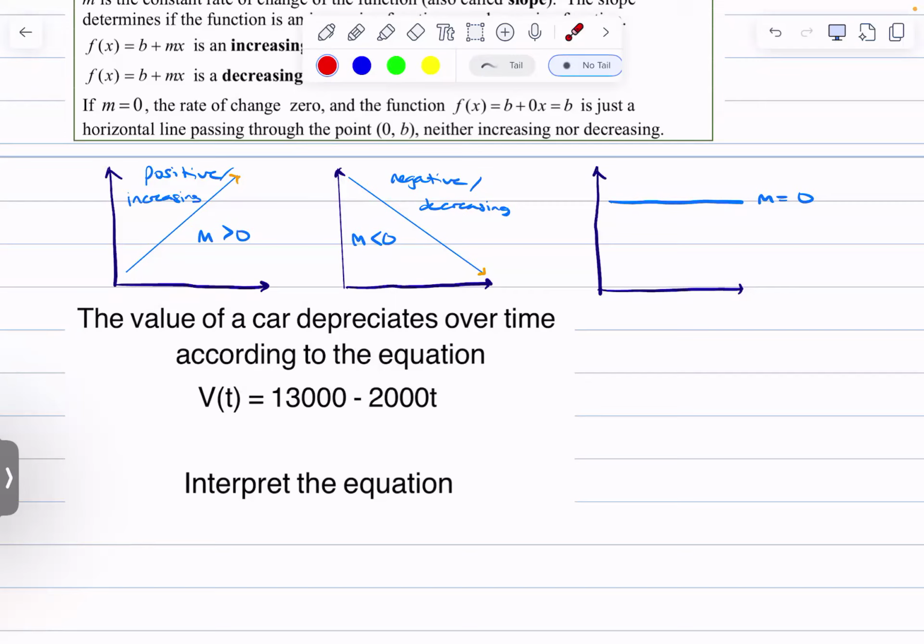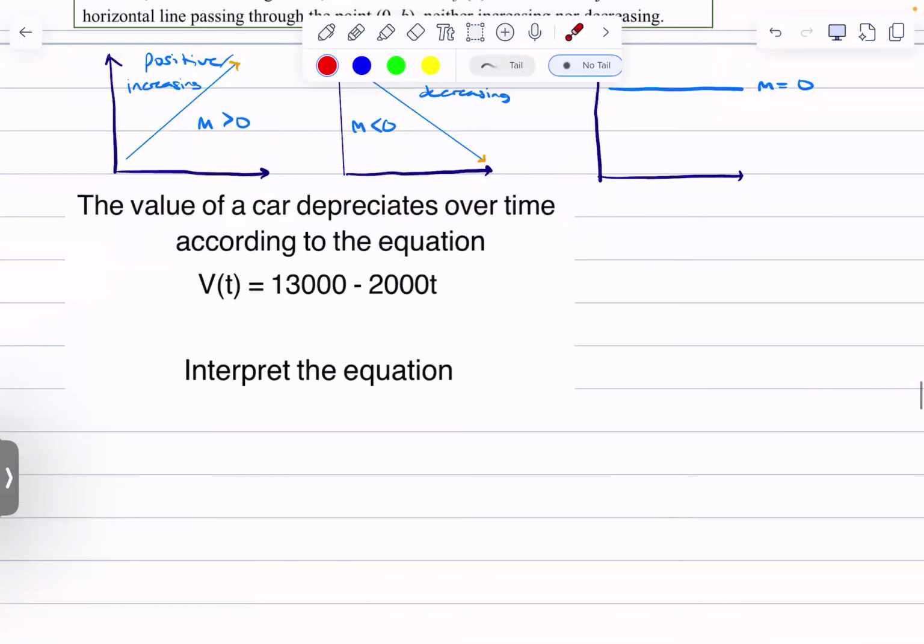Okay. How about an example? The value of a car depreciates over time, and in this case, according to this equation, V of t is 13,000 minus 2,000 times t. And there's a couple of things that we'll have to assume, such as t is likely in years, right?